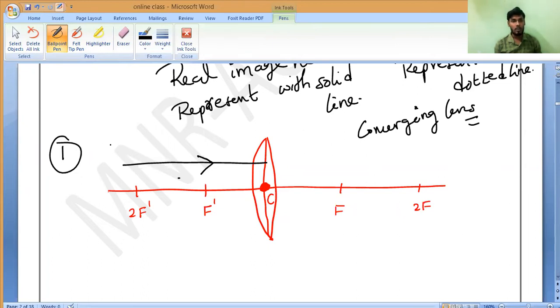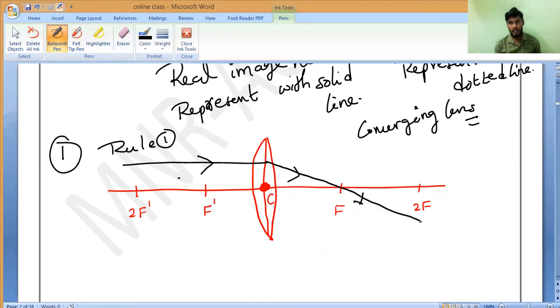The ray of light sent parallel to the principal axis, after refraction, will pass through the focus. That is rule number 1. It is a straight line, not a curved line. All of you should remember, it is a straight line. Draw neatly.